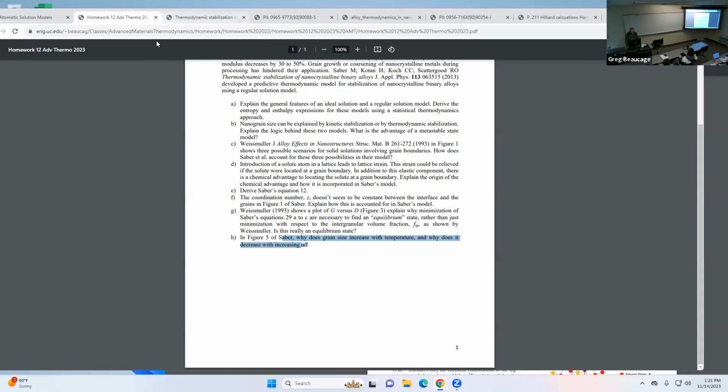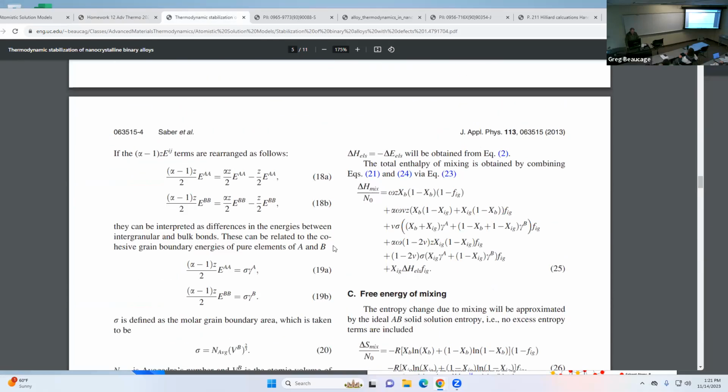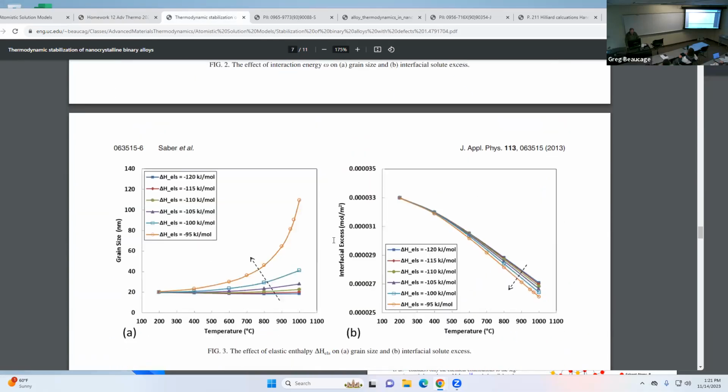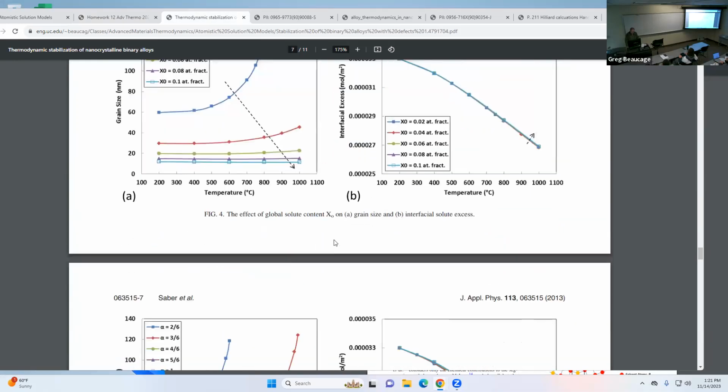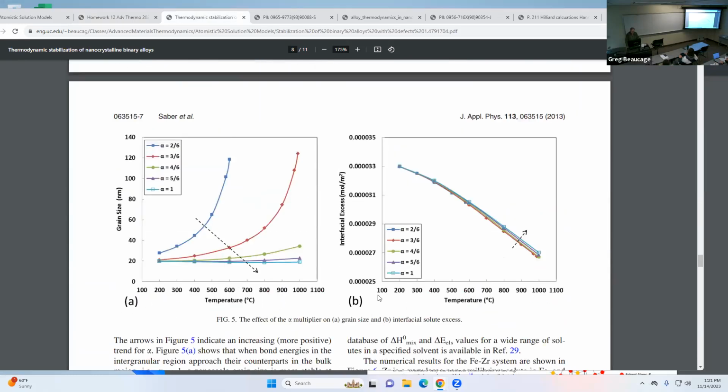So the grain size increases with temperature, and the grain size decreases with increasing alpha, figure 5. So he's got some results. This is one of them, but you could do all the figures if you wanted. This one seems like it should be simple, I guess. The temperature dependence has got to be entropy versus enthalpy, right?